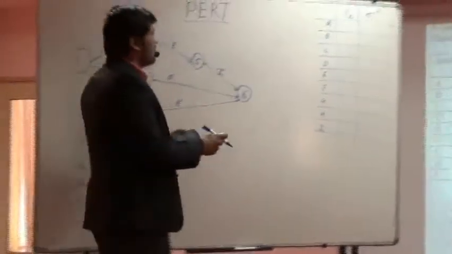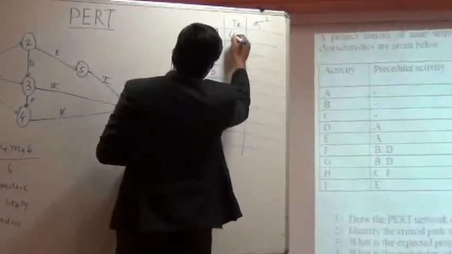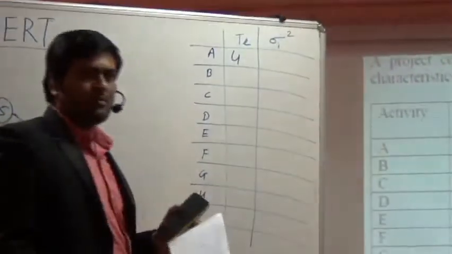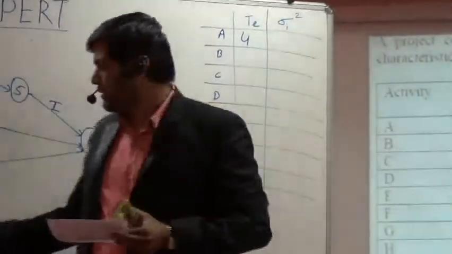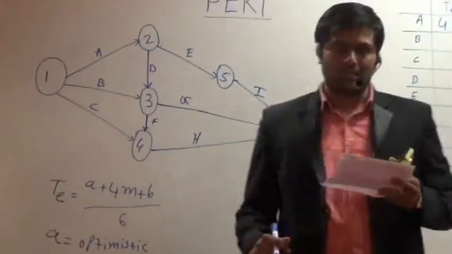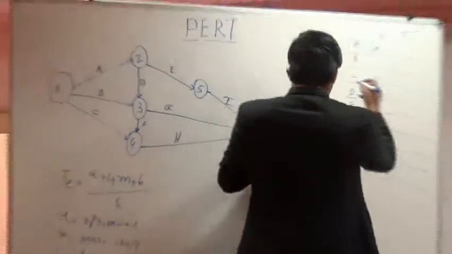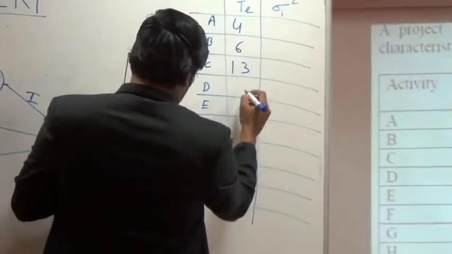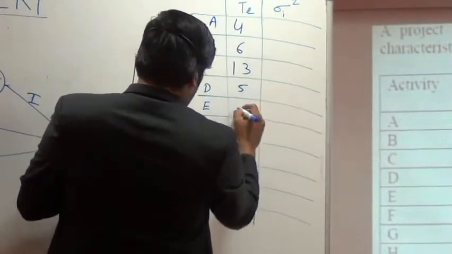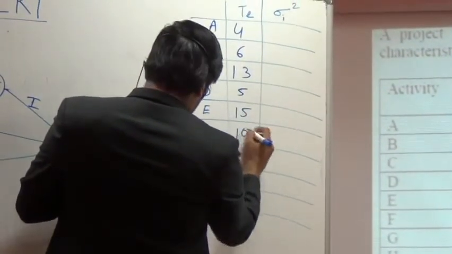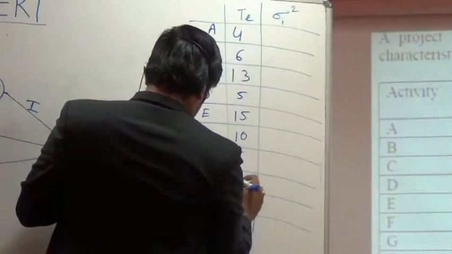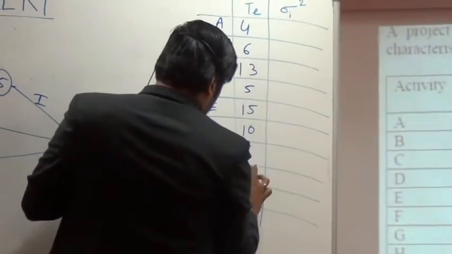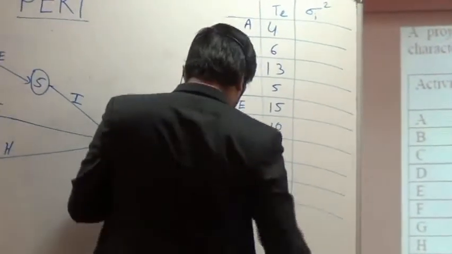So the estimated time for activity A is 4. Similarly, you need to find the estimated time using this equation for each activity. I'll write it on the board. So the estimated times are 4, 6, 13, 5, 15, 10, 6, 16, and lastly 10.